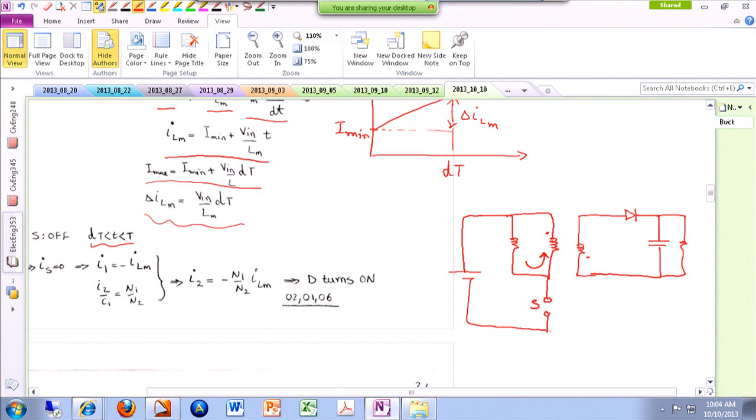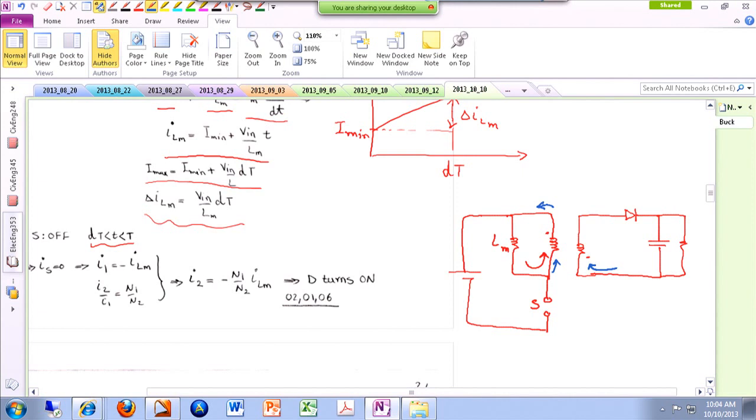So when you open up the switch, the inductor has to find another path to push its current to be continuous, and the only path is this primary side. So now you can see that current is coming out of the primary side, out of the dotted node. Therefore, the other current should go into the dotted node.